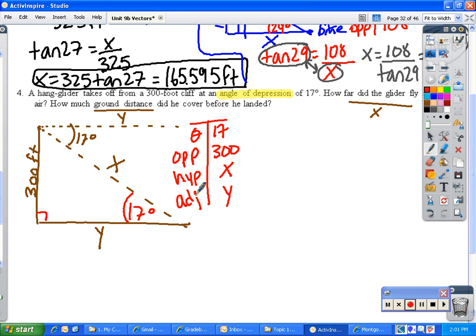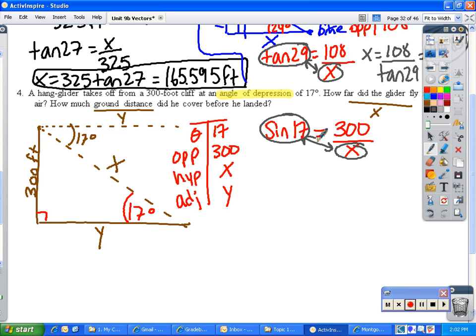So when I'm solving for x, I can block this out. Just looking at the top information, opposite and hypotenuse, that is sine. So the sine of my angle, 17, equals opposite over hypotenuse, which is x. Okay, we just talked about how to solve this. X is on the bottom. I want to bring it up. The quickest way to do that is to take these terms and trade them.